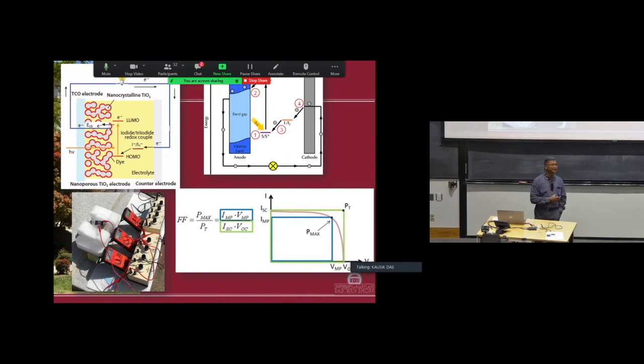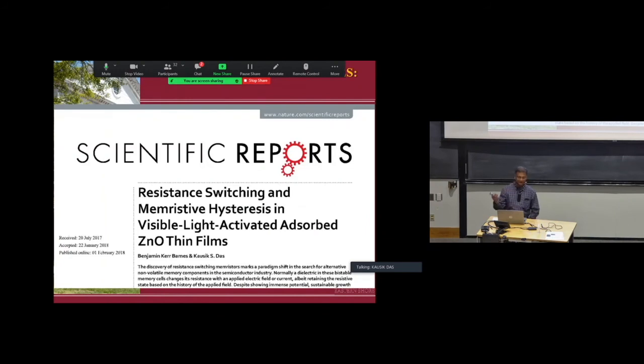And surprisingly, it didn't work at all. And we started investigating what is going on, where this error is coming from, whether it is an error or not. And that's the curiosity-driven path. We started investigating it, and eventually we discovered that there is a resistive switching memristive behavior in light-activated adsorbed zinc oxide thin films.